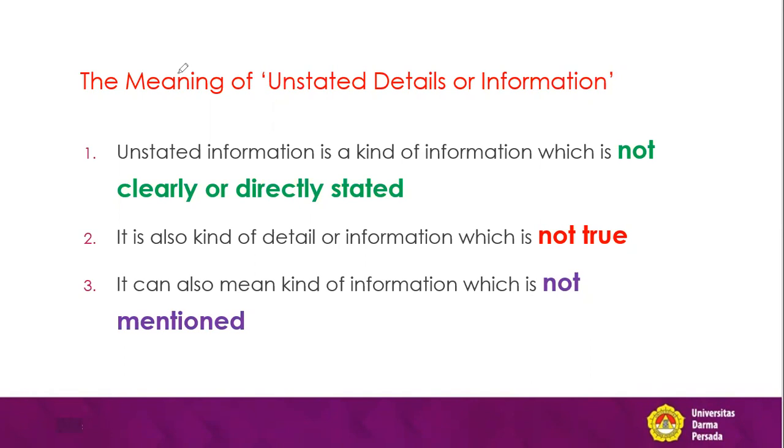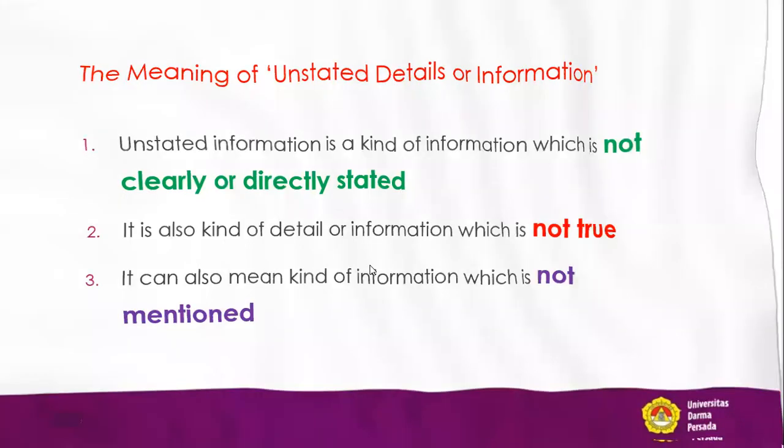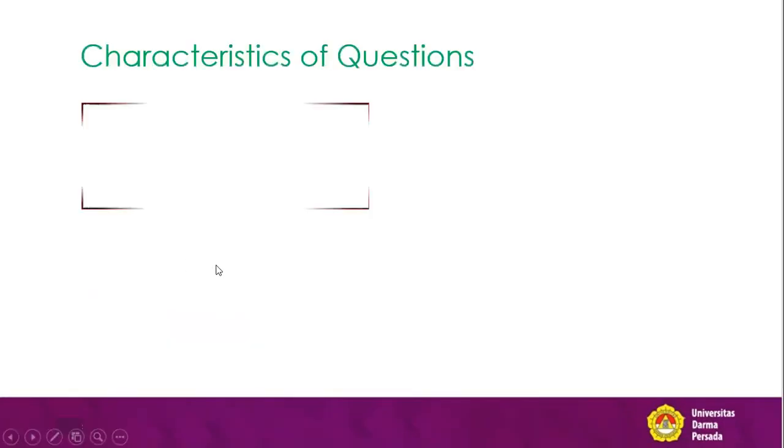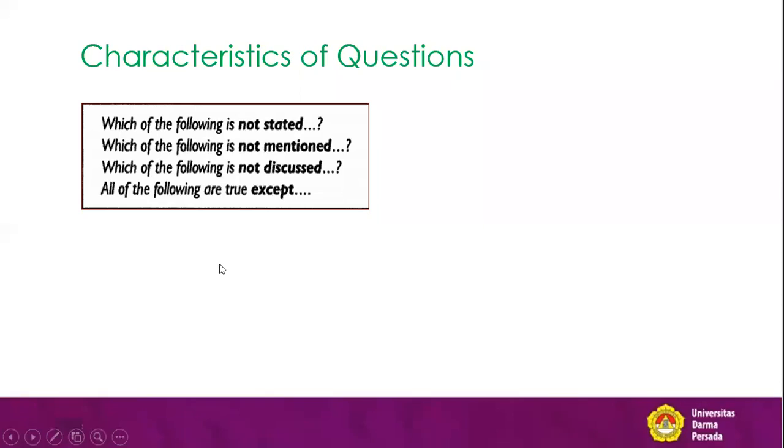Now we go on to the next part of our discussion. Now we are talking about the characterization of the question. If you find this kind of question, for example, which of the following is not stated, that means this must be unstated information or unstated detailed information.